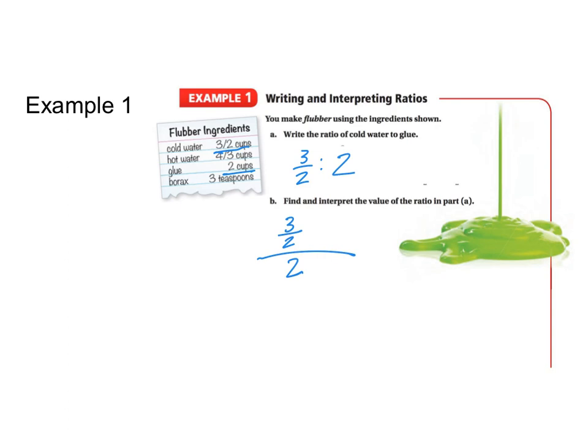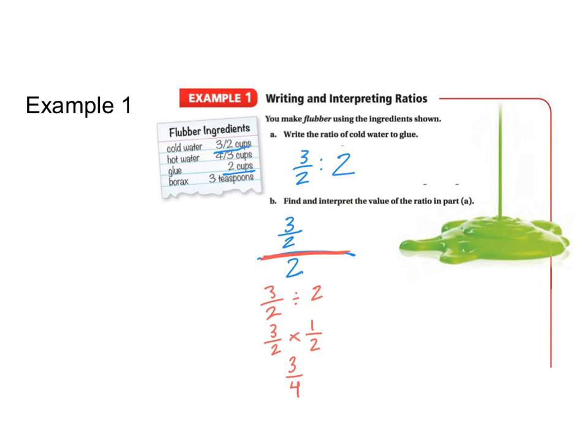But remember that this fraction bar can actually also mean divide. So now I'm going to rewrite this as a division problem. And in order to divide, we remember that we multiply by the reciprocal. So I get 3/4.